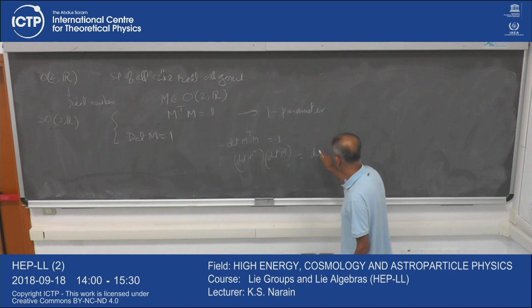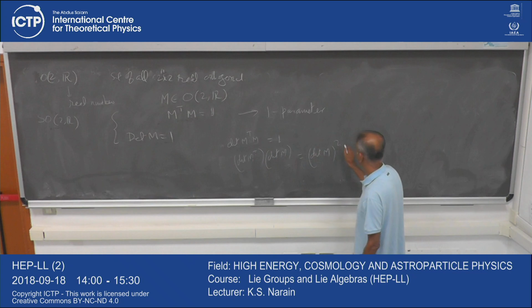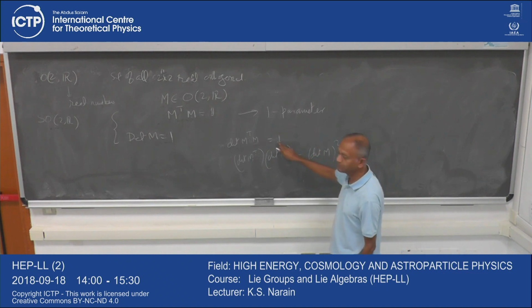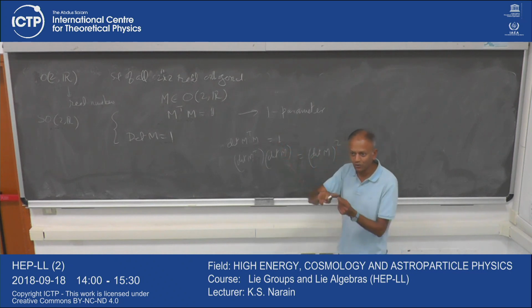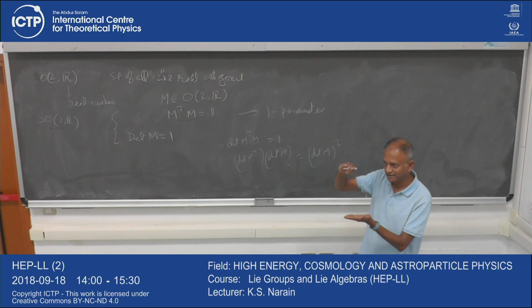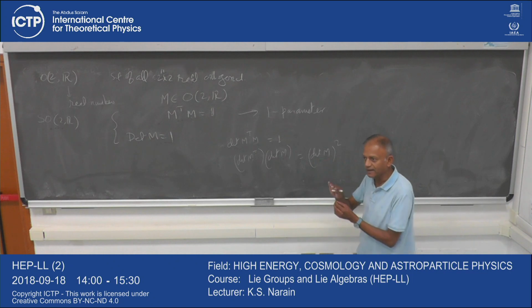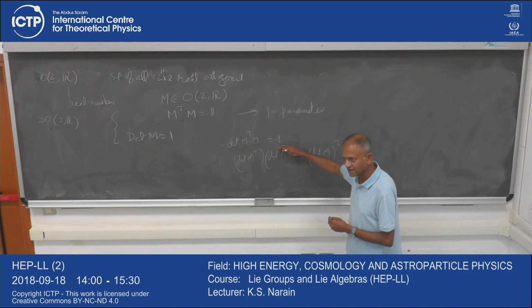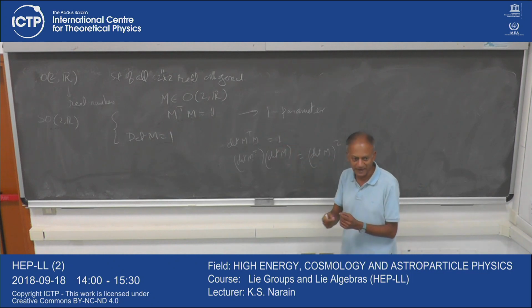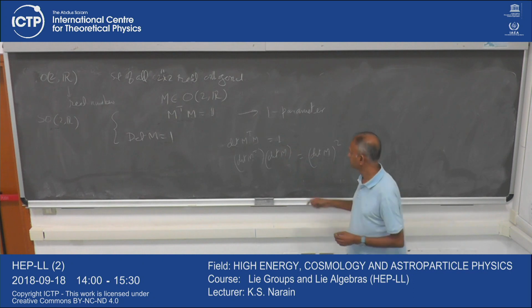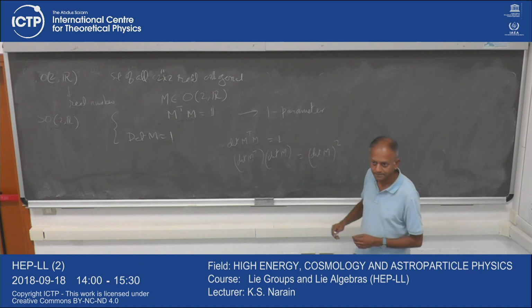So this is determinant of M squared. So that means determinant of M can only be plus or minus 1. So there's no continuous parameter there. They're discrete. So this does give you a condition, of course, but it's not going to reduce the number of parameters, right?